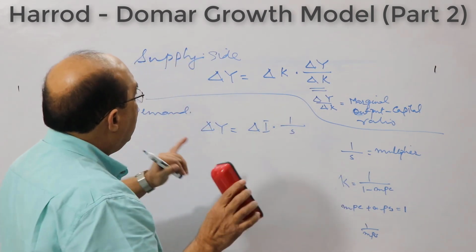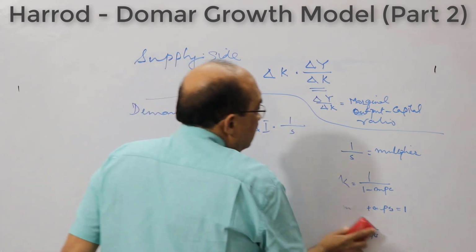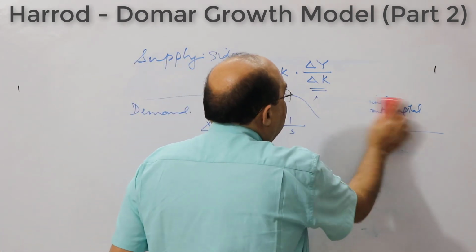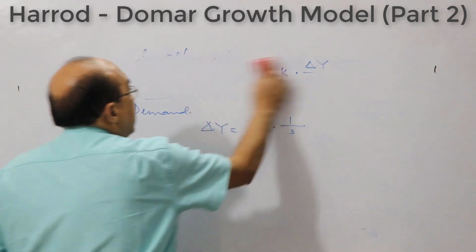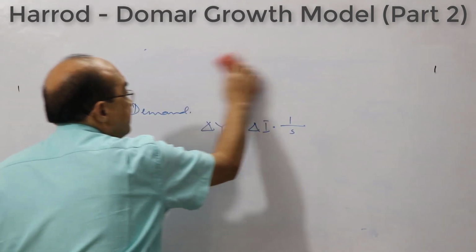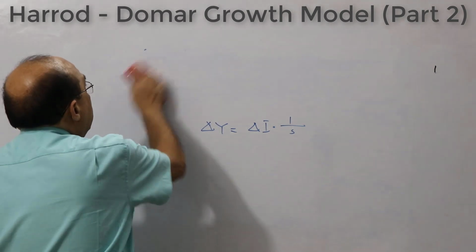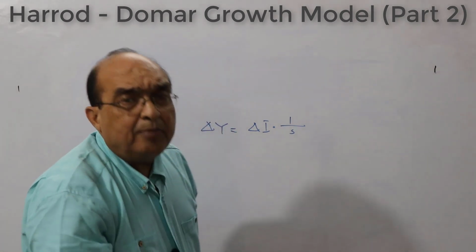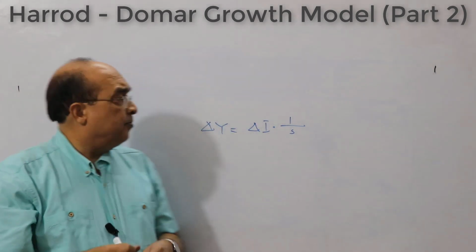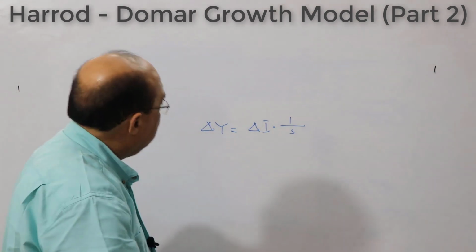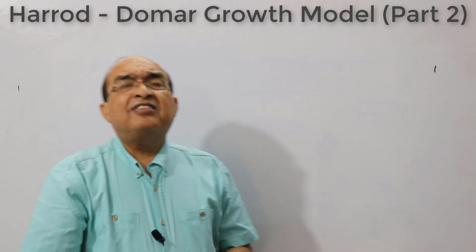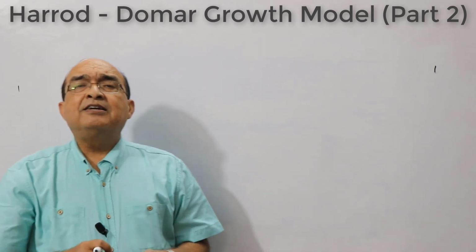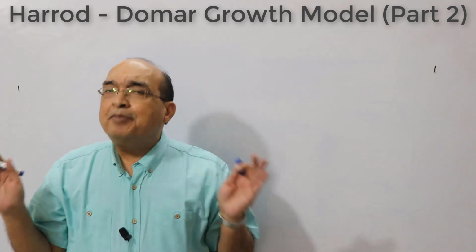So now, having identified both sides that ought to be equal in equilibrium, let us see what will happen. Stability or equilibrium in the economy demands that the supply side and the demand side both should be equal in any time period.